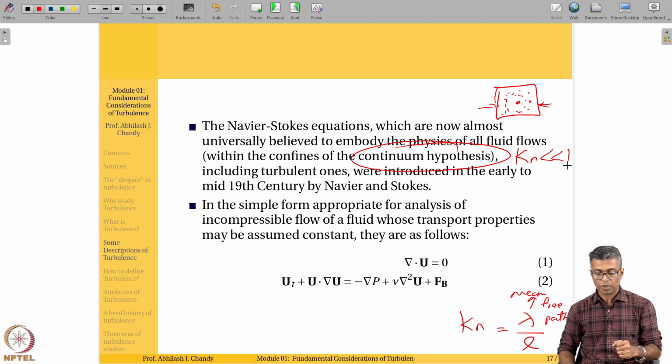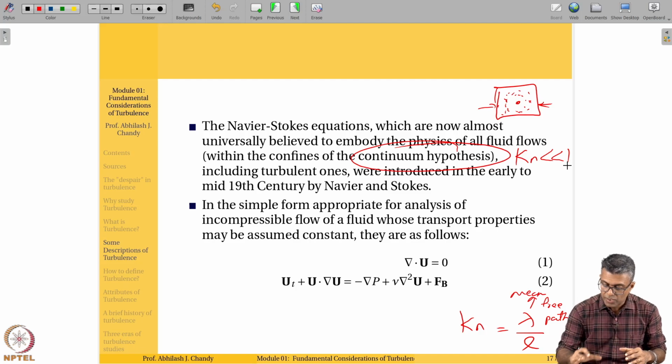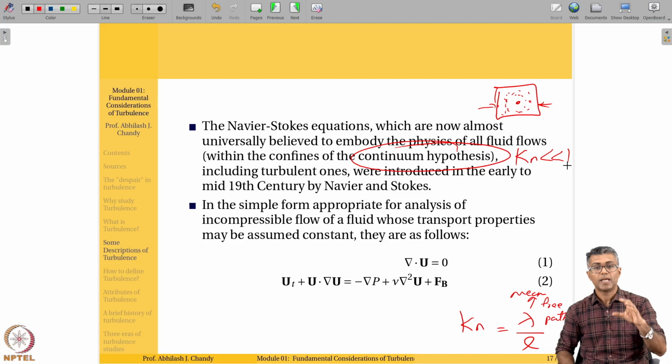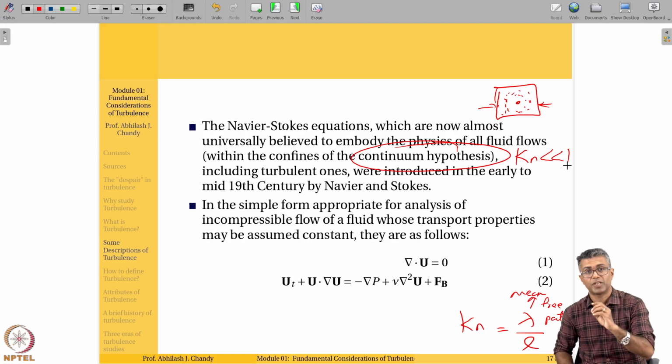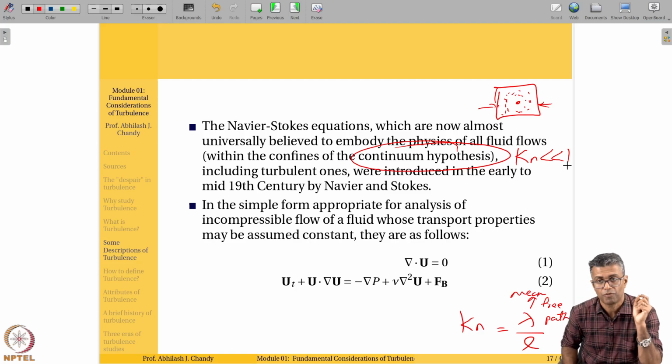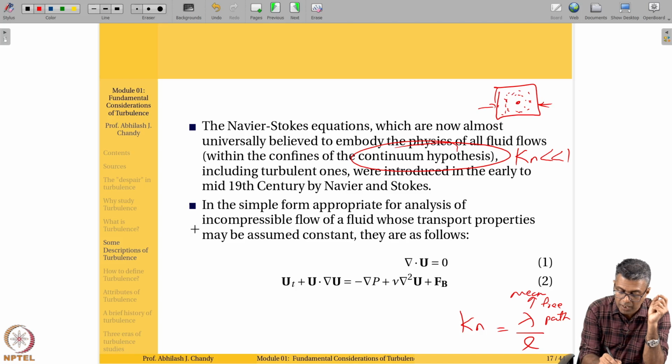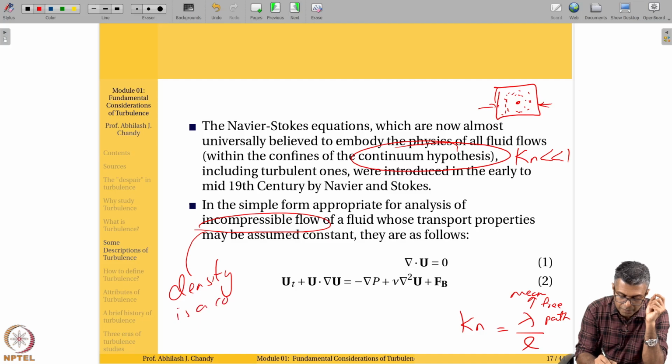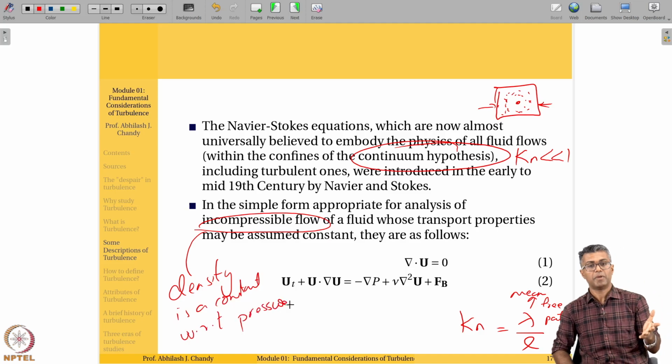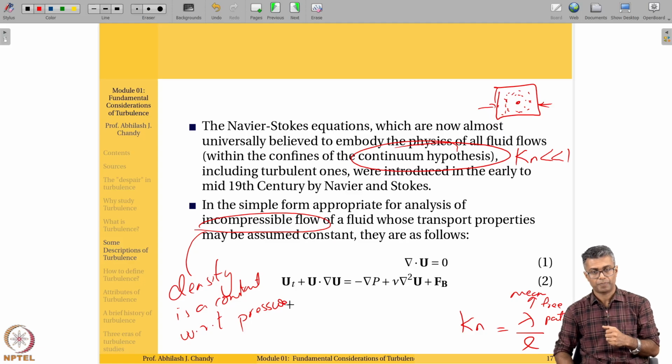Coming to the Navier-Stokes equations, what is described here, equations 1 and 2, is a simple form appropriate for the analysis of incompressible flows. What do I mean by incompressible flow? The density is a constant with respect to pressure. That's what I mean by incompressible flow. I have two equations here.